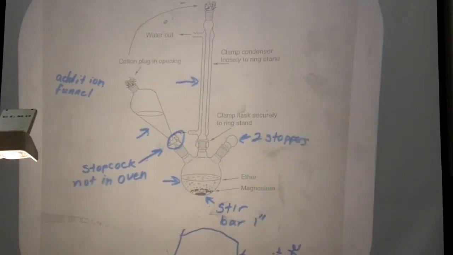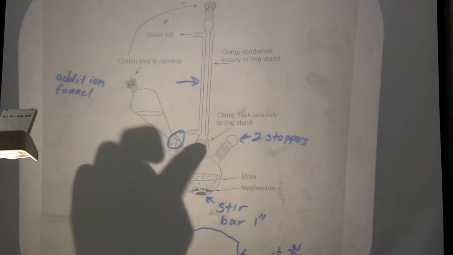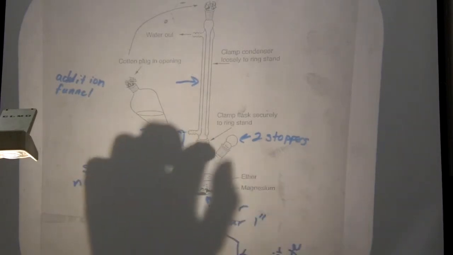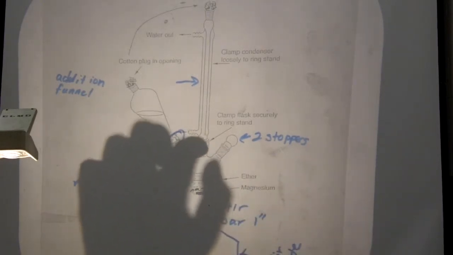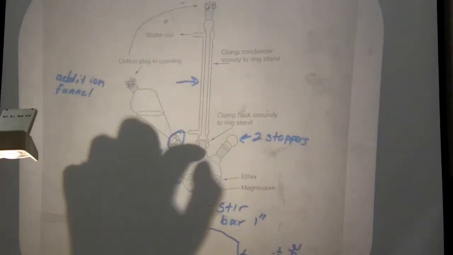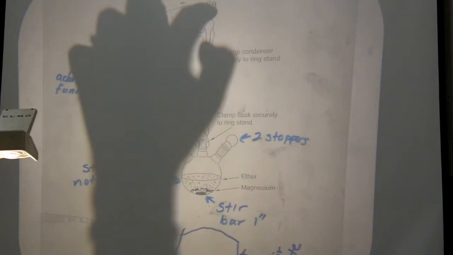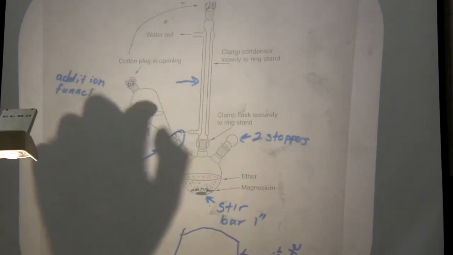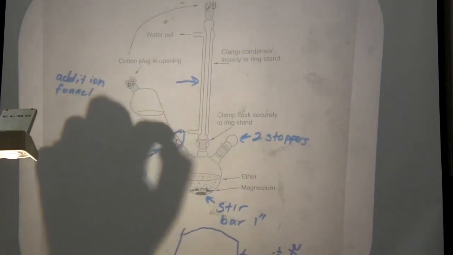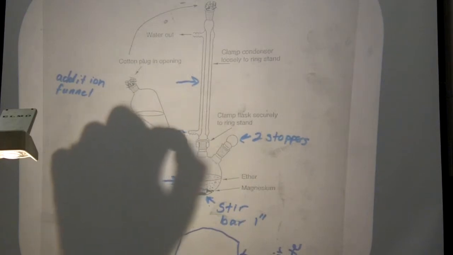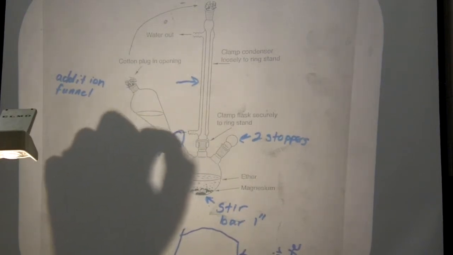Now I'll explain here in a little bit why. You're going to clamp that 3-neck flask. Then make sure there's no cotton in either of these joints. You're going to attach your condenser, leave a piece of cotton up here at the top of the condenser. You're going to put your separatory funnel together and attach it. Now remember, the stopcock pieces did not go in the oven, so now you need to put those pieces back in.